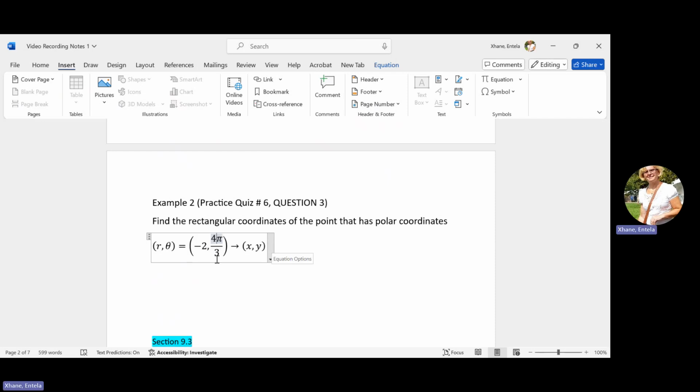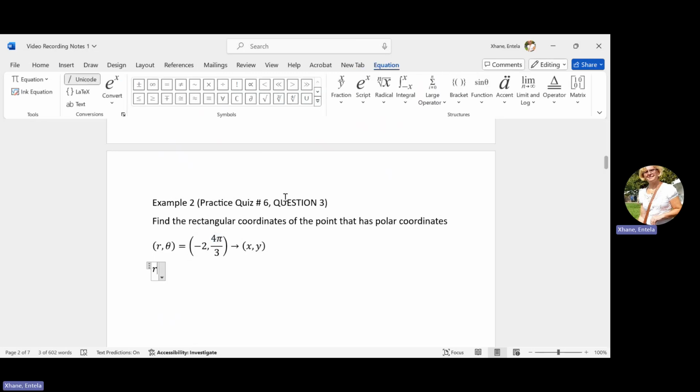So we understand that the little r equals -2, and theta equals 4 pi over 3.